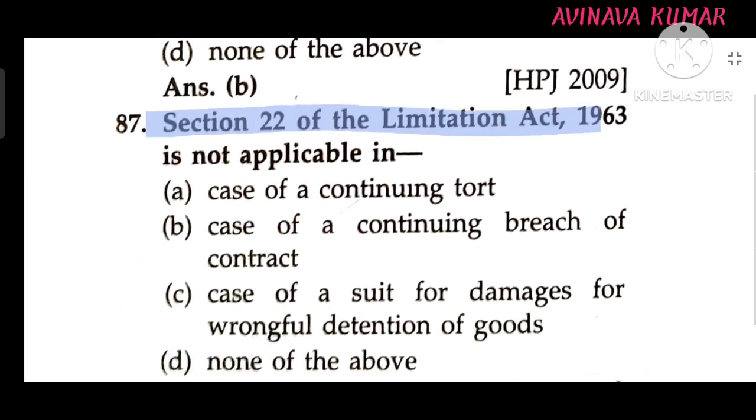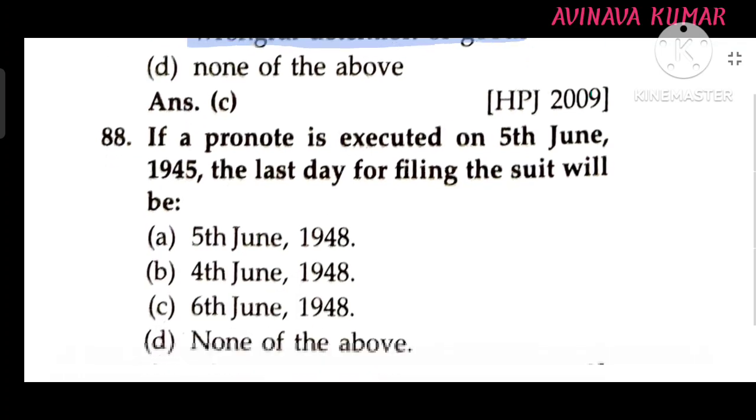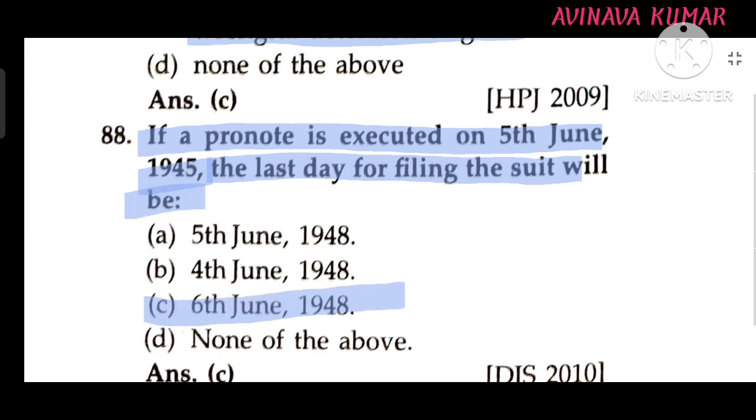Section 22 of the Limitation Act 1963 is not applicable in case of a suit for damages for wrongful detention of goods. If a pronote is executed on 5th June 1945, the last date for filing the suit will be 6th July 1948.